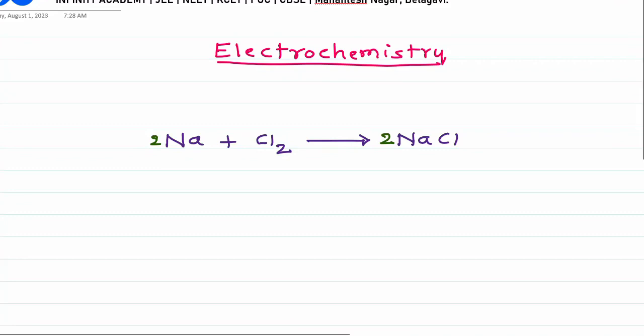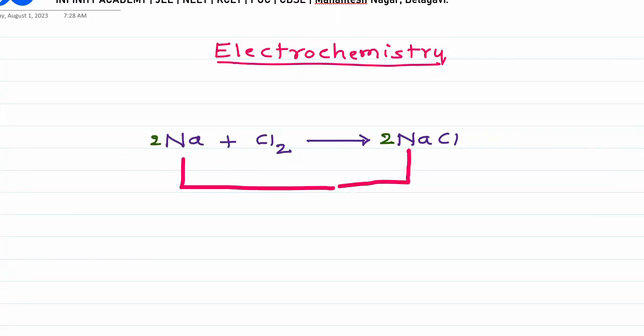Now, when I look at the charges, sodium's charge on both the reactant side as well as the product side. Sodium's charge is 0 as it is in the elemental state, and here its charge is plus 1. It means what the sodium is doing? Sodium is losing 1 electron.